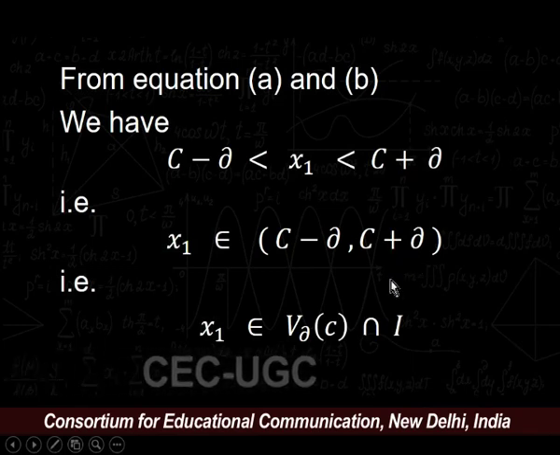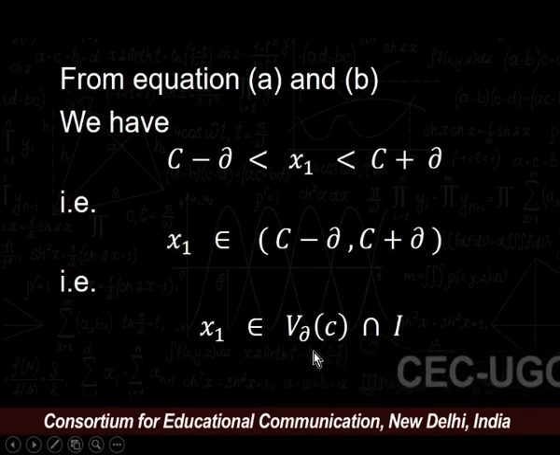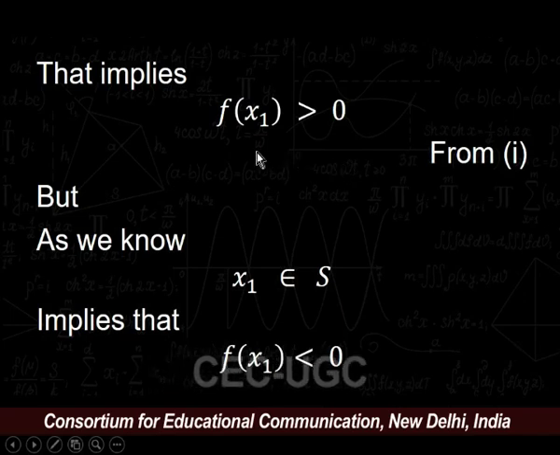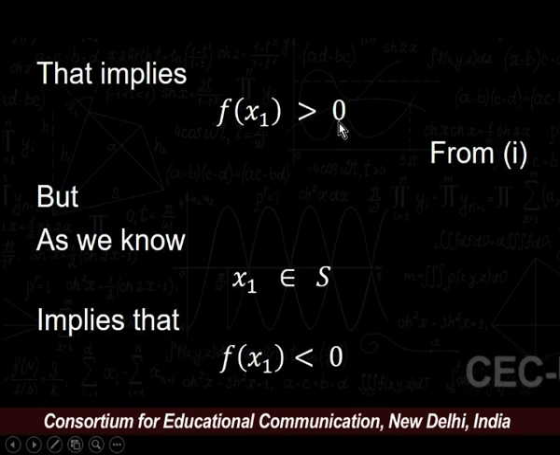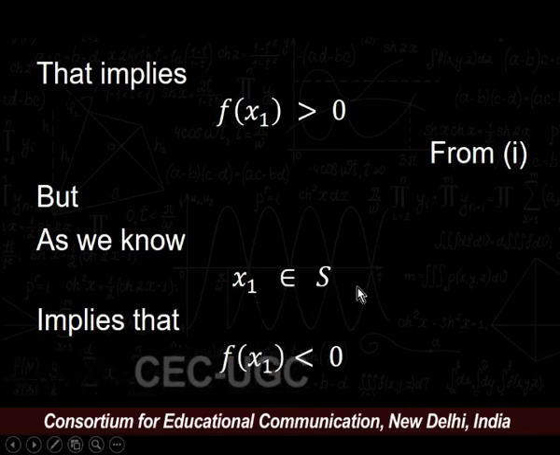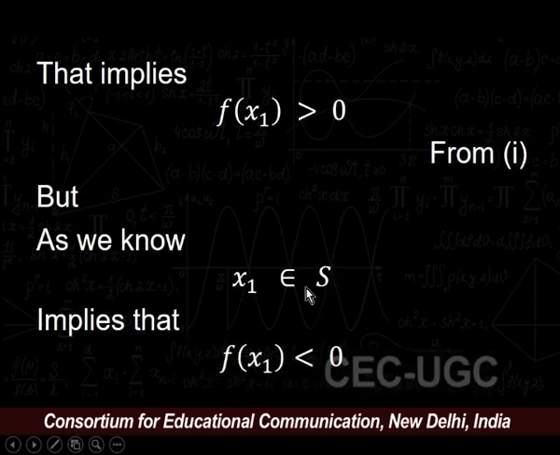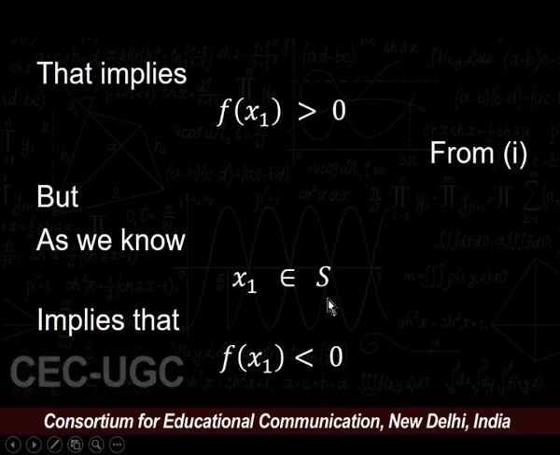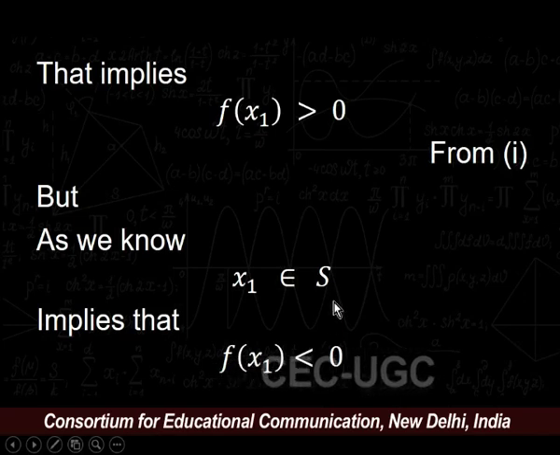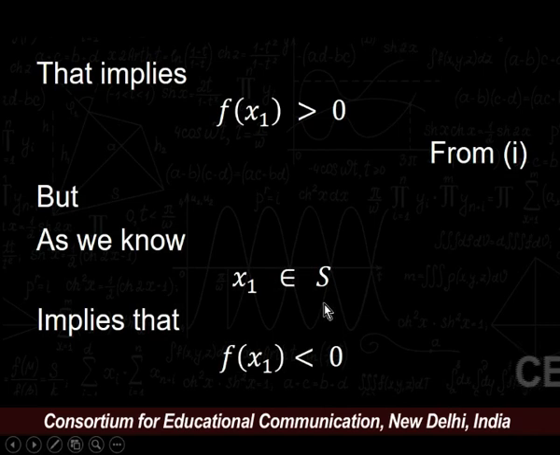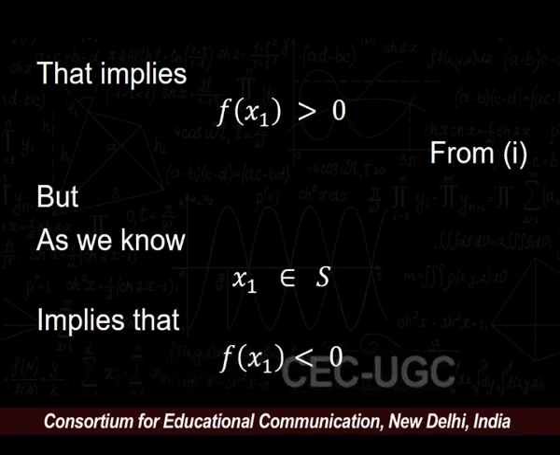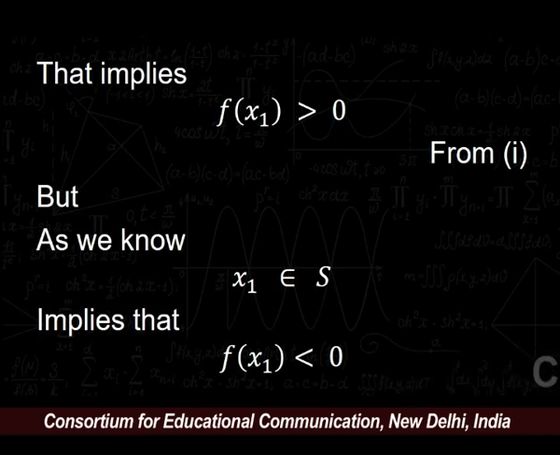That means x1 belongs to the delta neighborhood of c intersection I. This implies that f(x1) is strictly greater than 0, but we know that x1 belongs to S. If x1 belongs to S, then by the definition of the set S, f(x1) is strictly less than 0, because S is defined as x belonging to the closed interval [a, b] such that f(x) is less than 0.